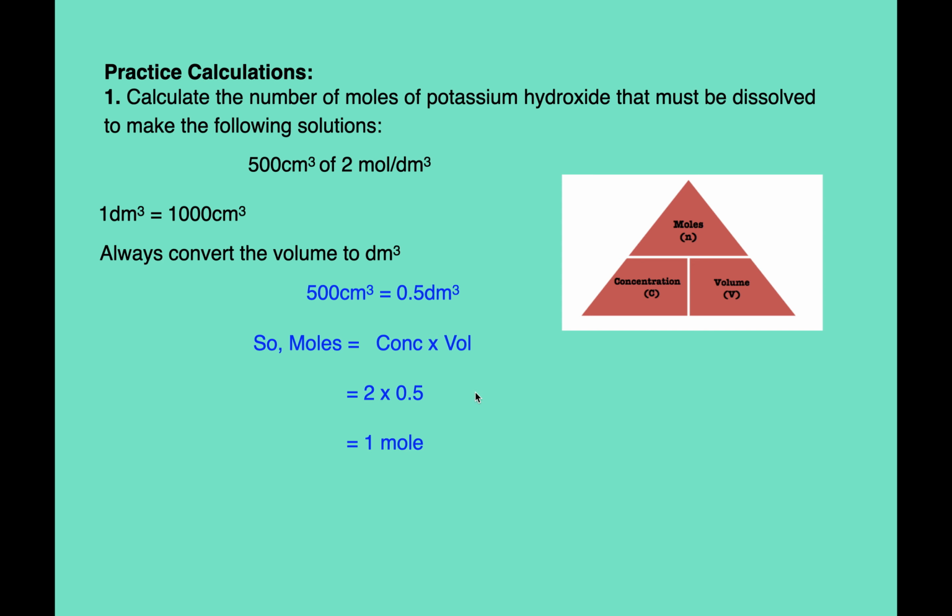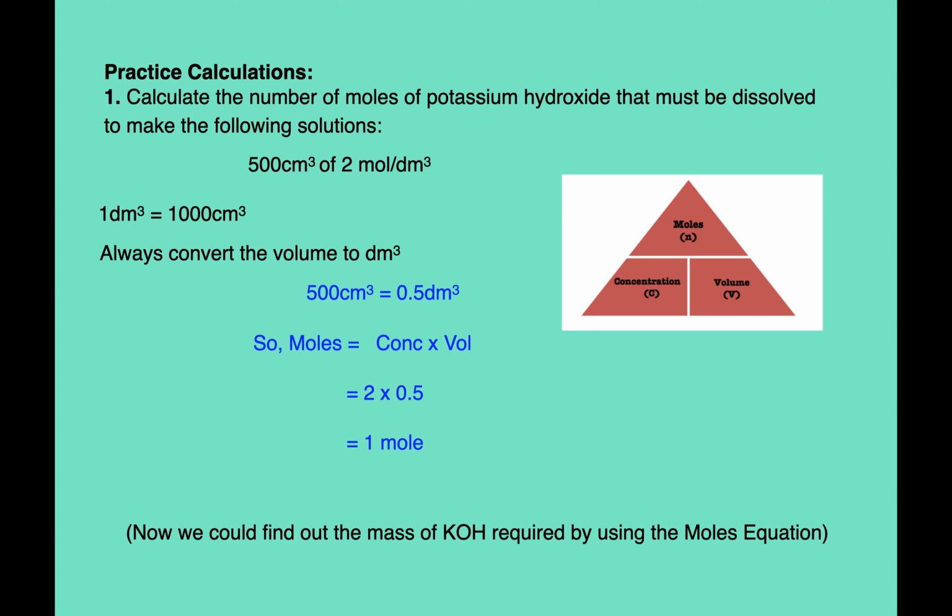So we would have to add 1 mole of potassium hydroxide to 500 centimeter cubed to make a 2 mole per decimeter cubed solution. We could, at this point in a question, say, right, what mass of potassium hydroxide do we need? And we could use the moles equation to work that out, couldn't we? We're not going to here, but we could.